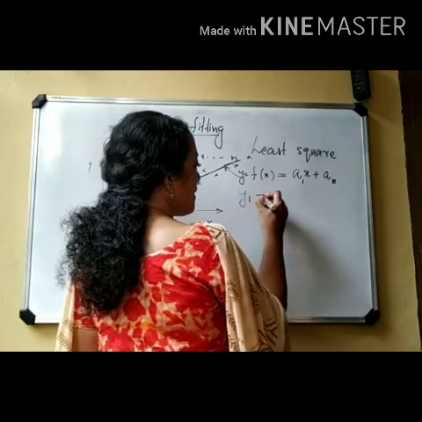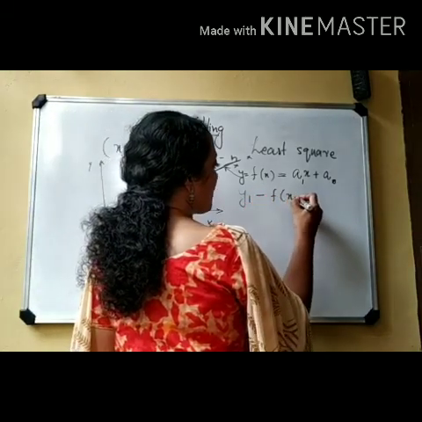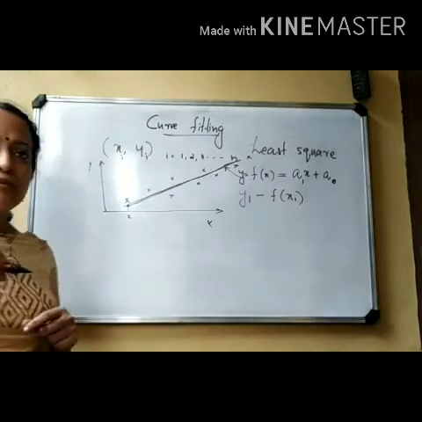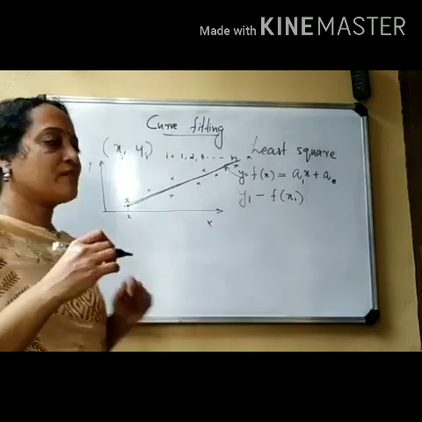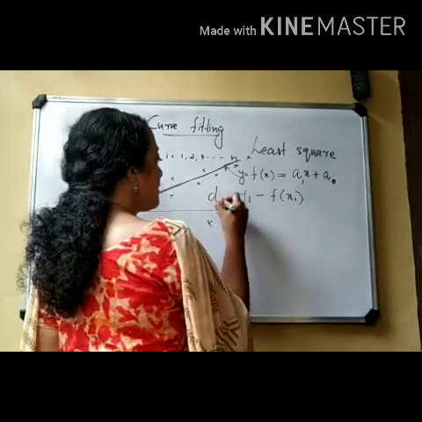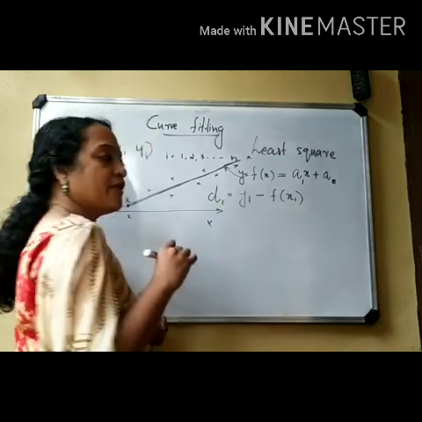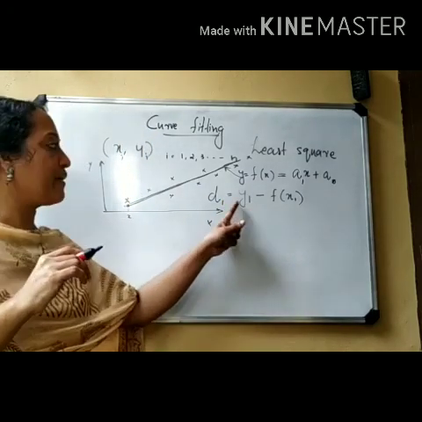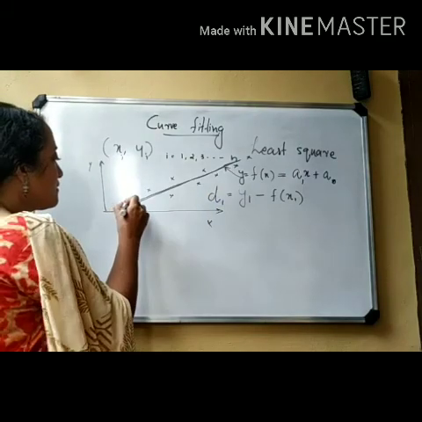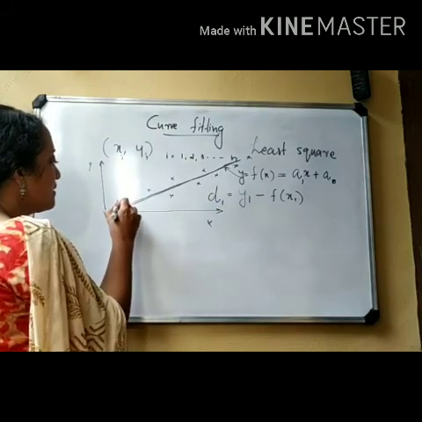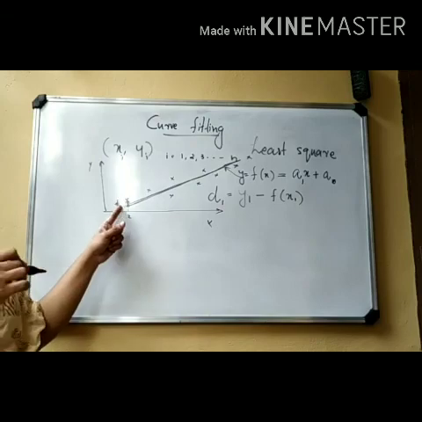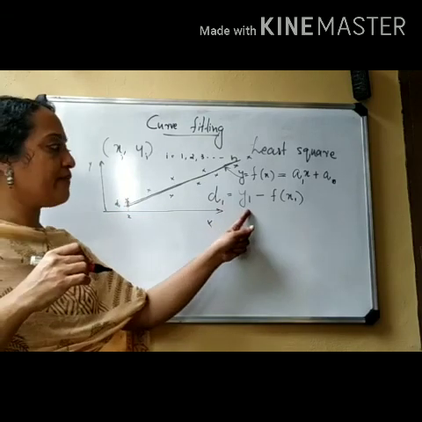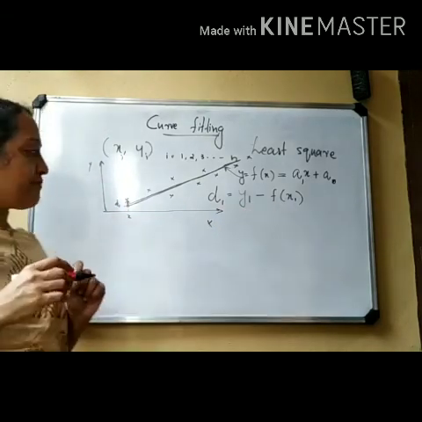So y1 minus f of x1 is known as the residual value, d1, the deviation or error from the actual experimental value. Here this is d1, isn't it? d1 is y1 minus f of x1.